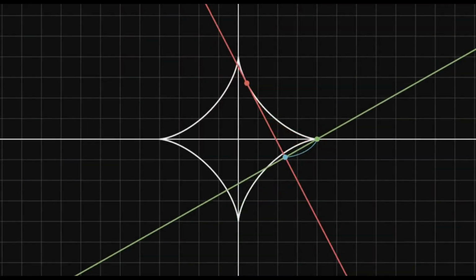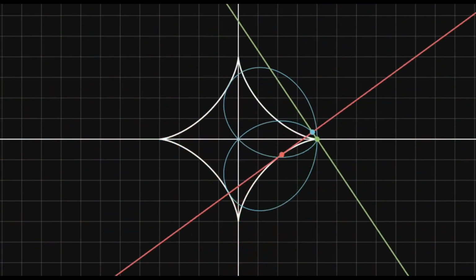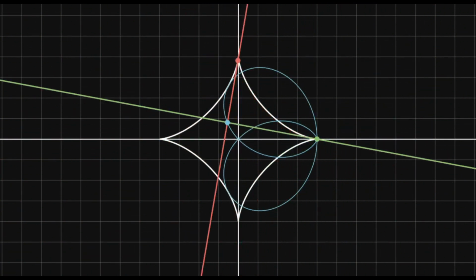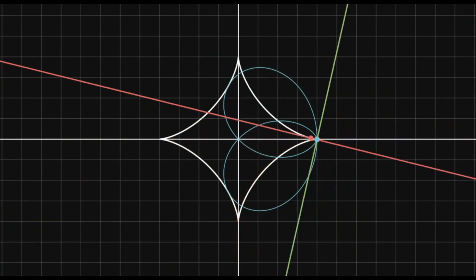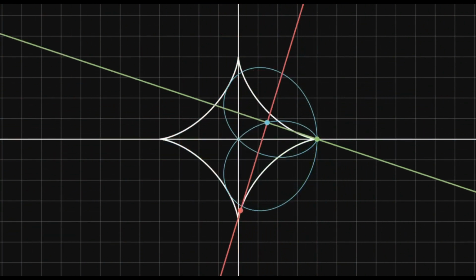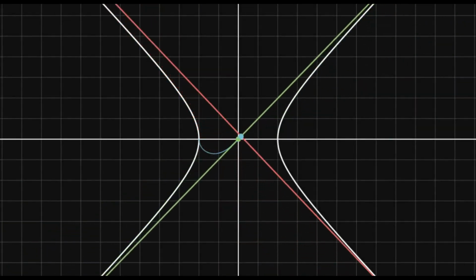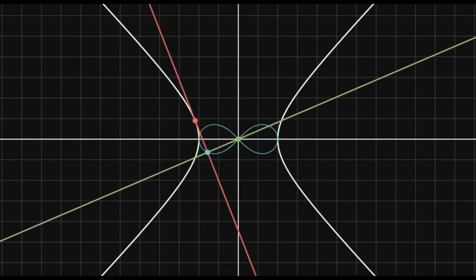With the pedal point on one of the cusps, we obtain this linked curve, which I find quite pretty. The pedal curve of a hyperbola with the pedal point at the origin is a lemniscate of Bernoulli, a figure-8-like curve resembling the infinity symbol.